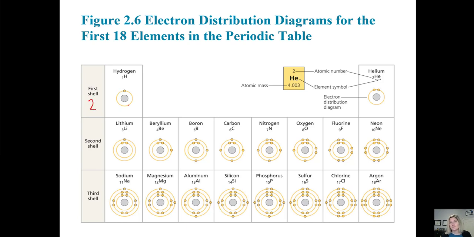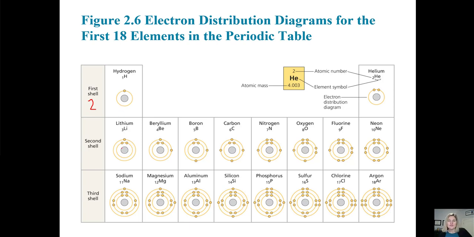We cannot have more than 2 electrons in this first electron shell. So helium has exactly the amount it needs to fill its first shell, and it happens to be a very stable atom because its electrons fill that shell.